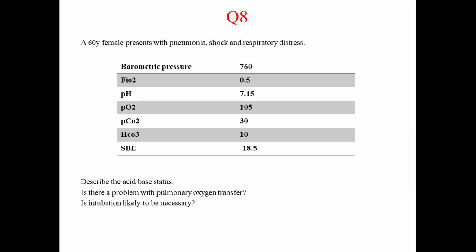So 0.5 into 713 minus 30 divided by 0.8. Yes, 213. Perfect.